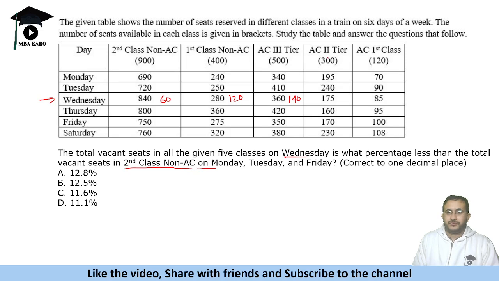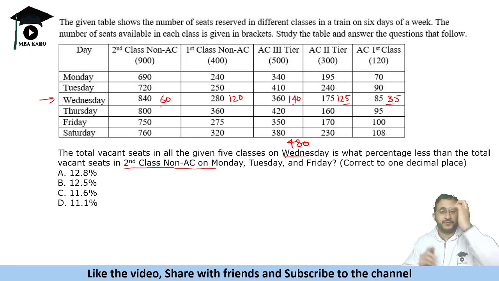If you have very good calculation speed like I have, then you should attempt such questions. Otherwise, skip this. 125 plus 35, 160, 300, 300 plus 180, 480. Okay, so I've been solving so many questions and still managing the speed. So if you have this level of speed, then only you should attempt such lengthy questions.